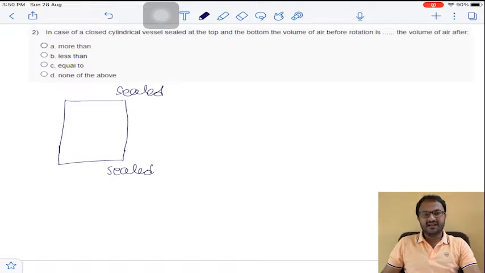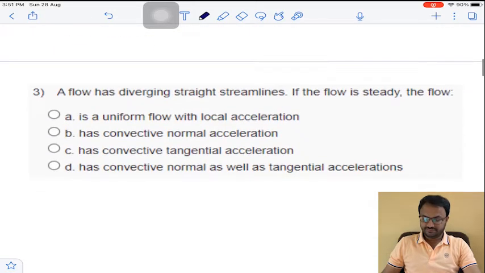So generally air is one of the fluids. Okay, air can be compressed, but while rotating the cylinder, the air is not going to be compressed. That is, the volume of air before rotation is the same as the volume of air after rotation. Okay, there is no change in the volume of air. Clear? So option C for question number 2.